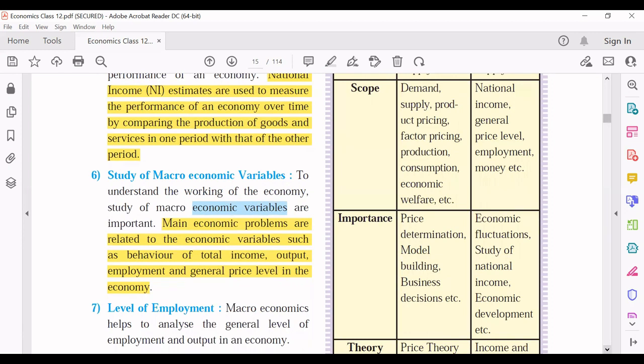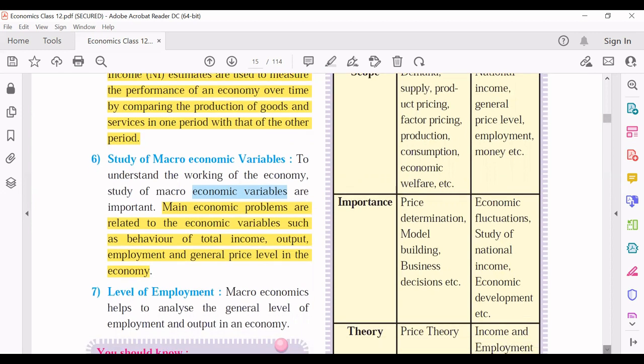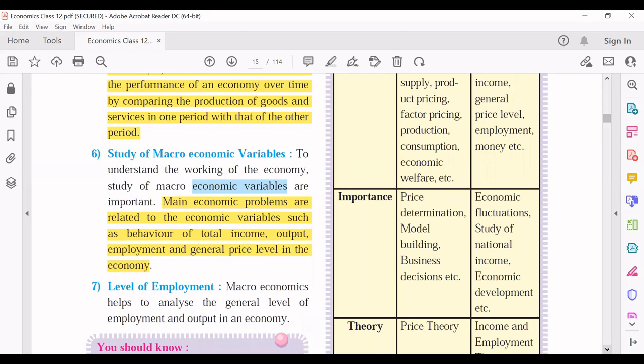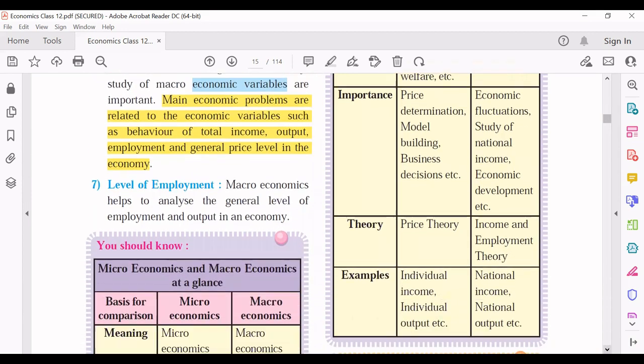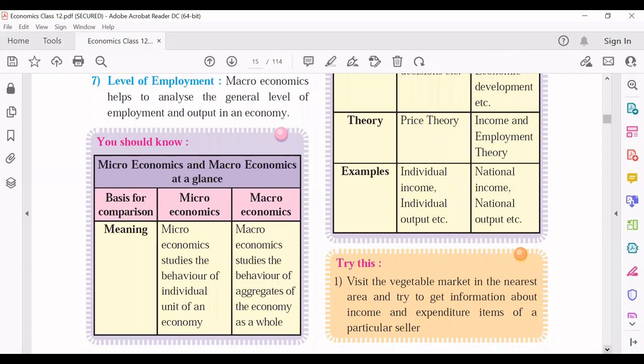Here we are going to look at the totals. This helps in understanding how these economic variables work in the whole economy. Also, it helps in understanding the level of employment and in analyzing how more employment opportunities can be brought to the economy.